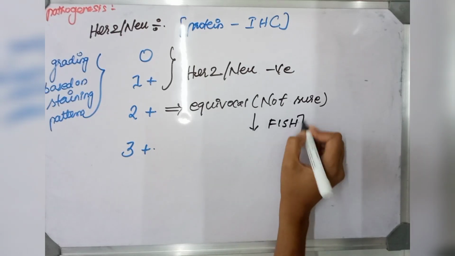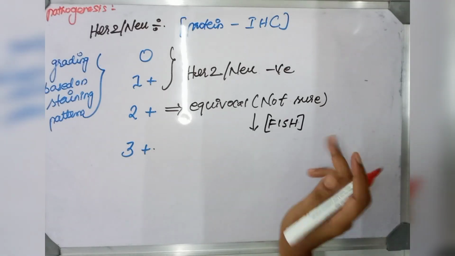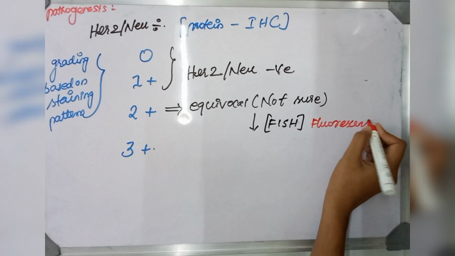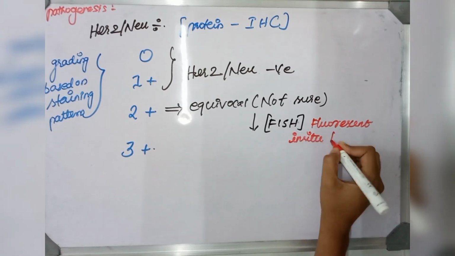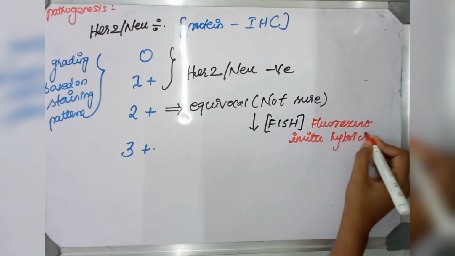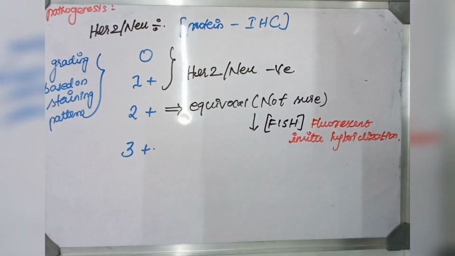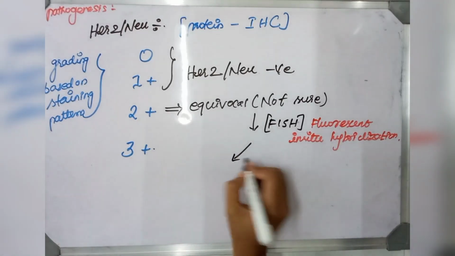That is, FISH means fluorescent in situ hybridization. So after doing the FISH, we have two choices.